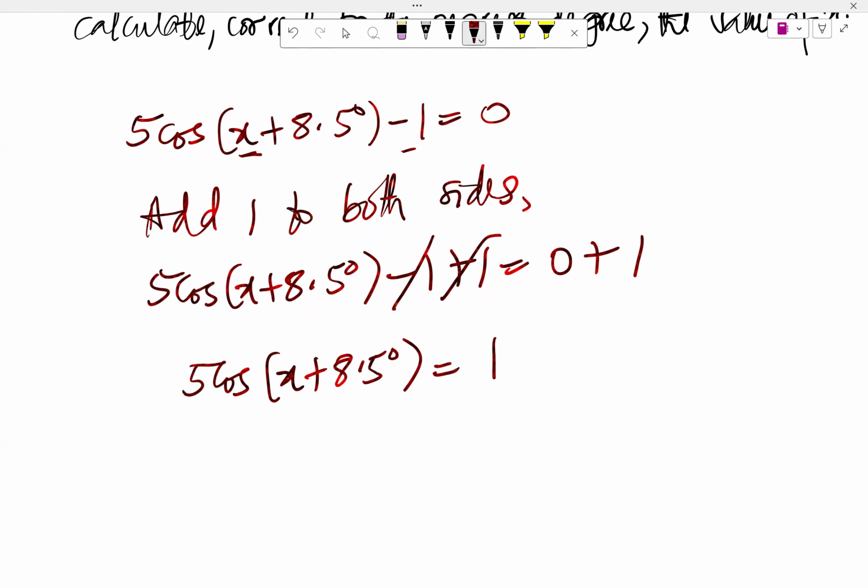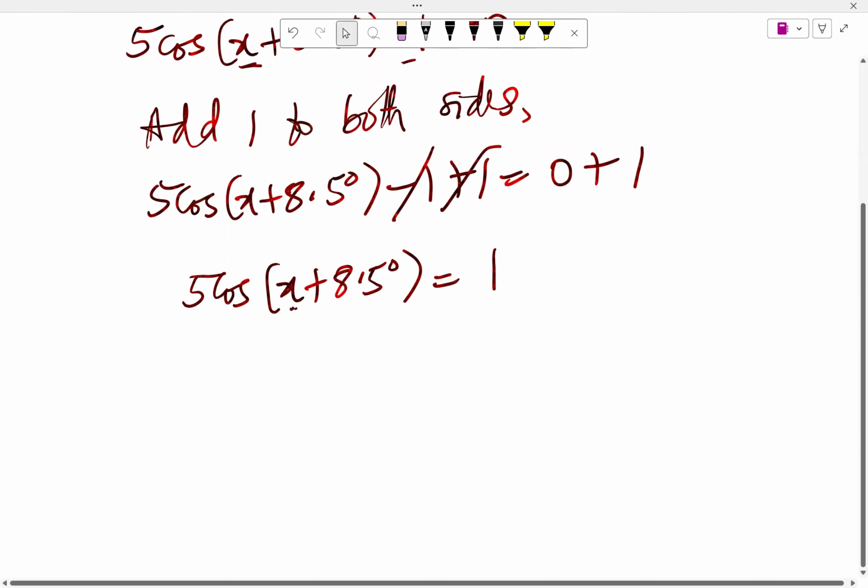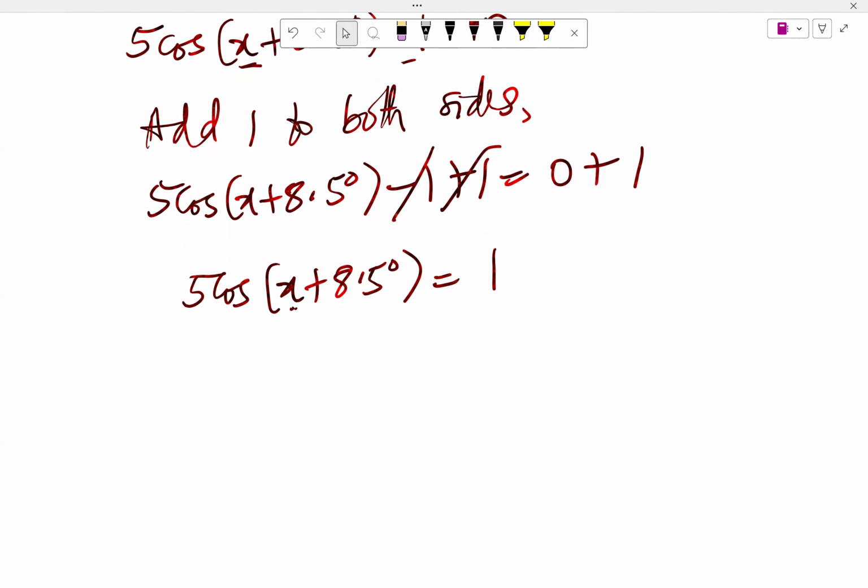The next thing is this 5, which has to go again. It's like x is in captivity and we want to get it out, so we have to remove every barrier. The first barrier was minus 1, and the next one will be 5. The way to remove 5 multiplying this is to divide both sides by 5.